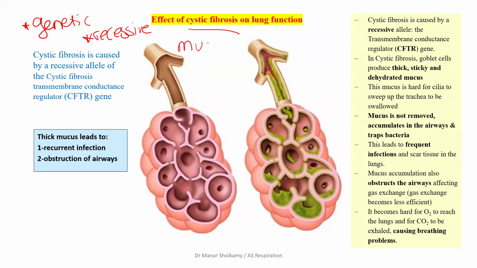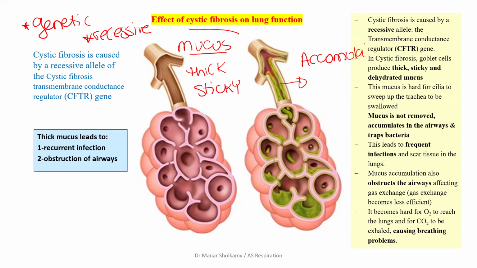The mucus that is produced is very thick and very sticky, and the cilia cannot sweep it away. When the mucus is very thick and very sticky, what happens to the mucus? Will it be easily removed or not removed? Accumulate. Exactly, it will accumulate.